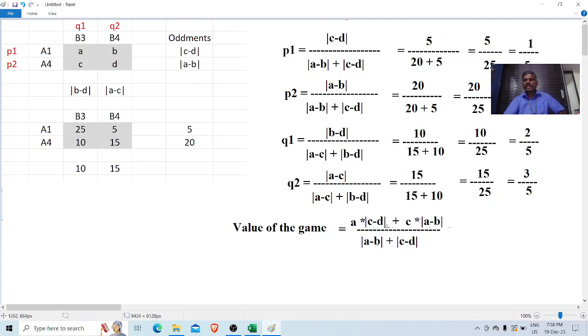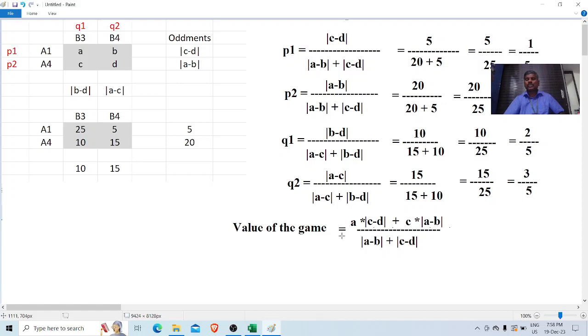Here we have started with C minus D, here A minus B. Look at the first element. Here in this modulus, A is the first element, so we multiplied with A, and in this modulus C is the first element, and we have multiplied modulus of A minus B with C. So you can easily remember this formula.